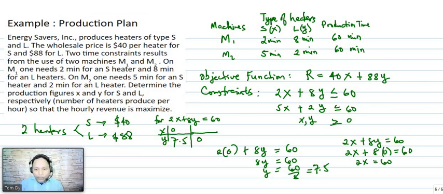So x is equivalent to 60 over 2, that is equivalent to 30. When we substitute the value of y as 0, then x equals 30. That is for the equation 2x plus 8y equals 60. Now this time, we will proceed to another equation.